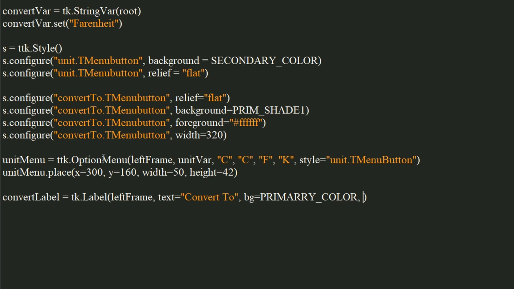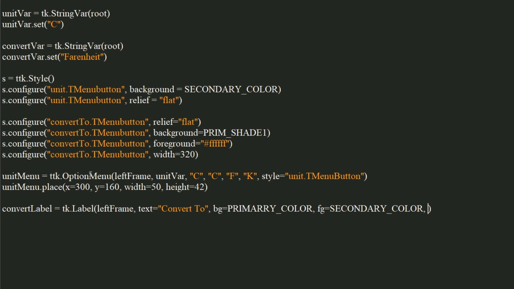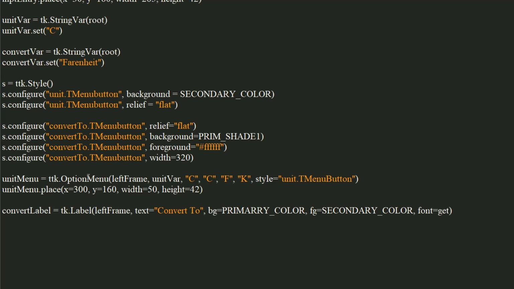Set its FG to secondary color. Call the getFont function to use a font with size 9. Place the label at 30,280 coordinate.